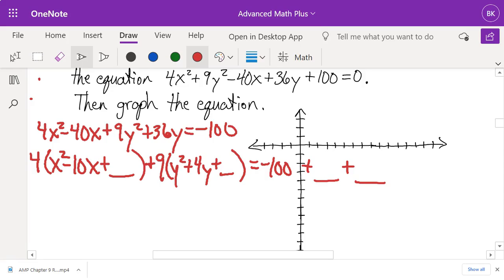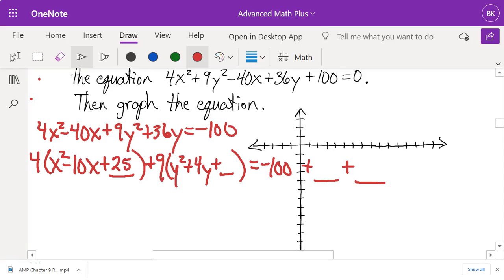Same way we've always done it. Take your b, divide by 2. So negative 10 divided by 2 is negative 5. 5 squared is 25. Now, here's the whole difference. Yes, we added 25 in the blank, but what did we add to the entire left side? 100, because it's times 4.